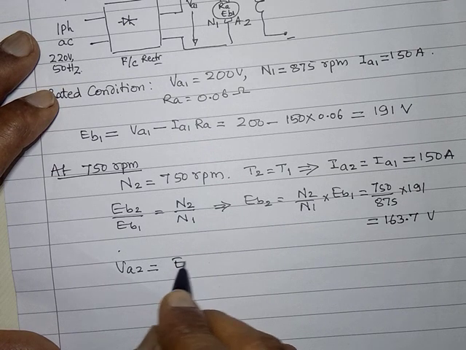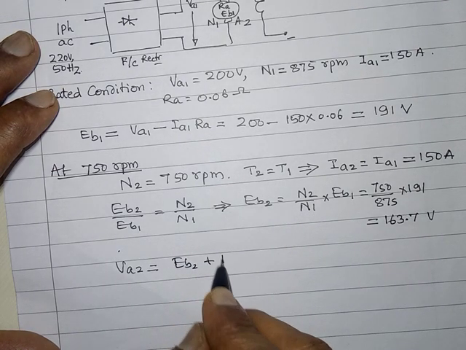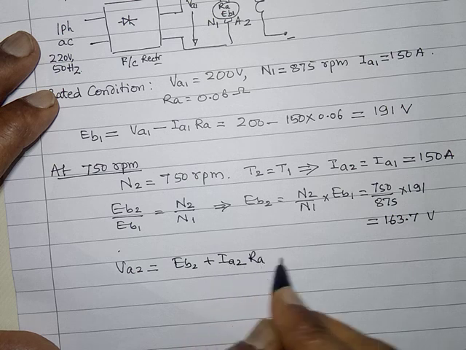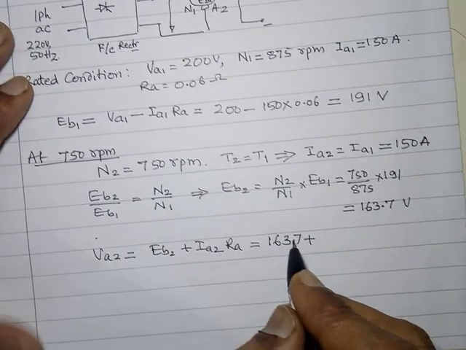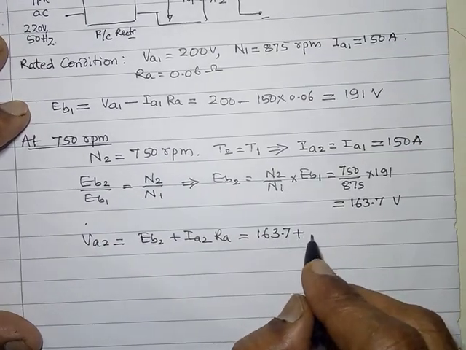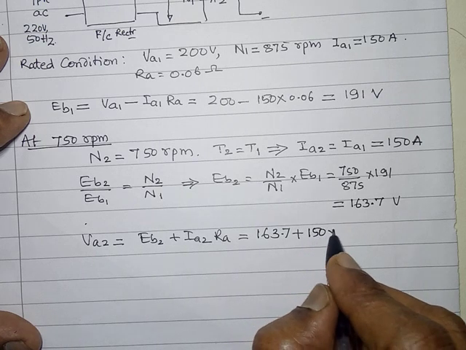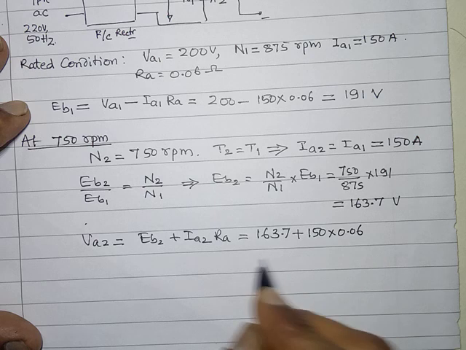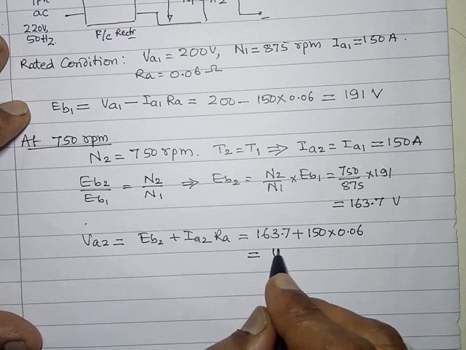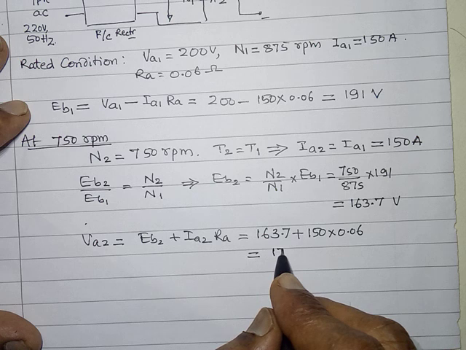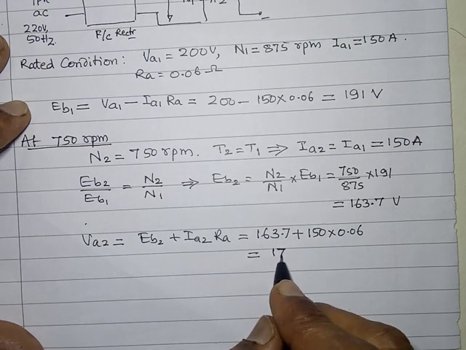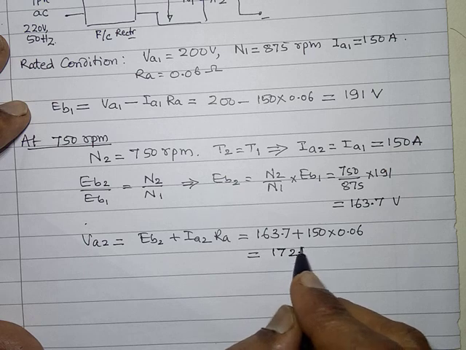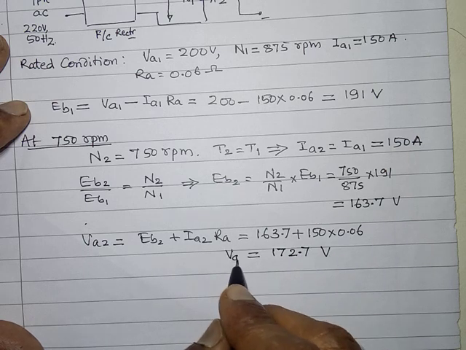So VA2 is EB2 plus IA2 RA, which is 163.7 plus IA2, same as IA1, 150, into RA 0.06. So VA2 is 163.7 plus 150 into 0.06, this is 172.7 volts. This is VA2.